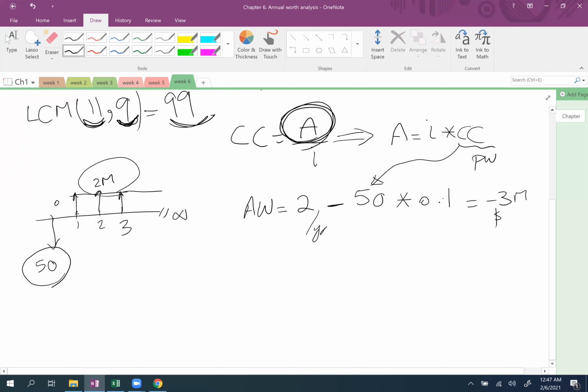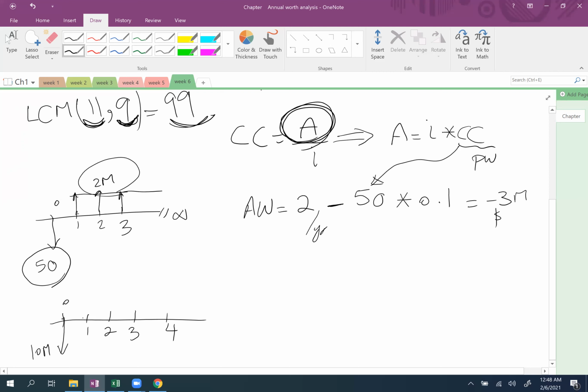So let's say I have another alternative that has an initial investment of $10 million. And this project, instead of having a lifetime of infinity, has a limited lifetime of 4 years.